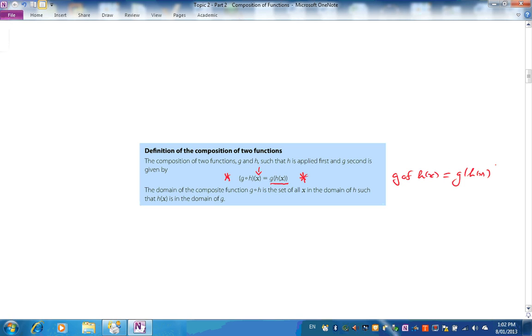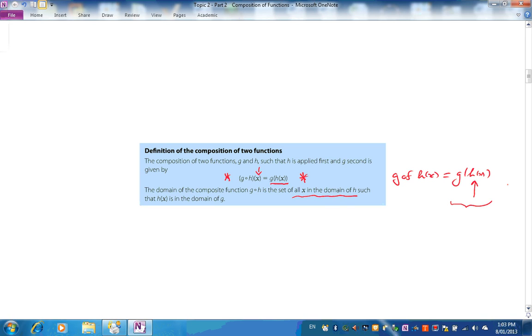Okay, so what would be the domain of g operated on h, or g of h of x? So the domain is any x that you can do h to, because the first thing you're doing here is computing a value of h of x. So the domain of the whole g of h of x function is the domain of h.